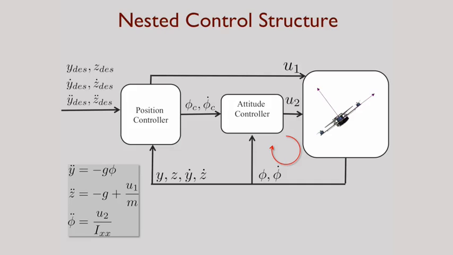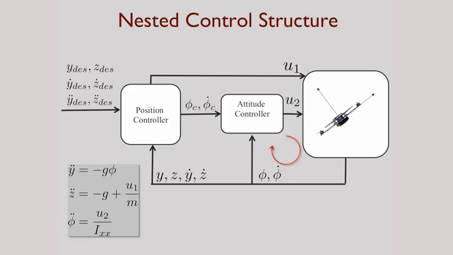What that means is you want to synthesize u2 such that phi goes to some desired value. That desired value is shown as the reference input phi sub c. Of course, as before, we assume that phi sub c is differentiable, so you can calculate the derivative of phi sub c, and likewise you can calculate the derivative of phi.